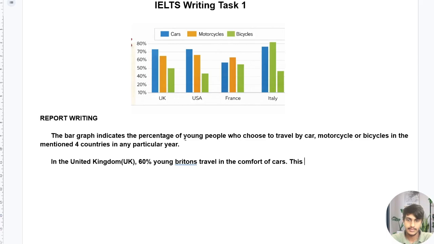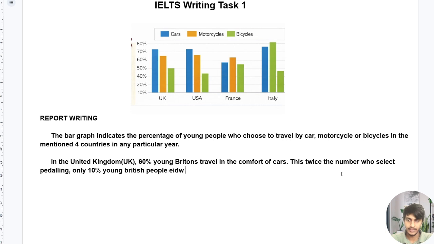This is twice the number who select paddling. Only 10% of young British people ride motorcycles.